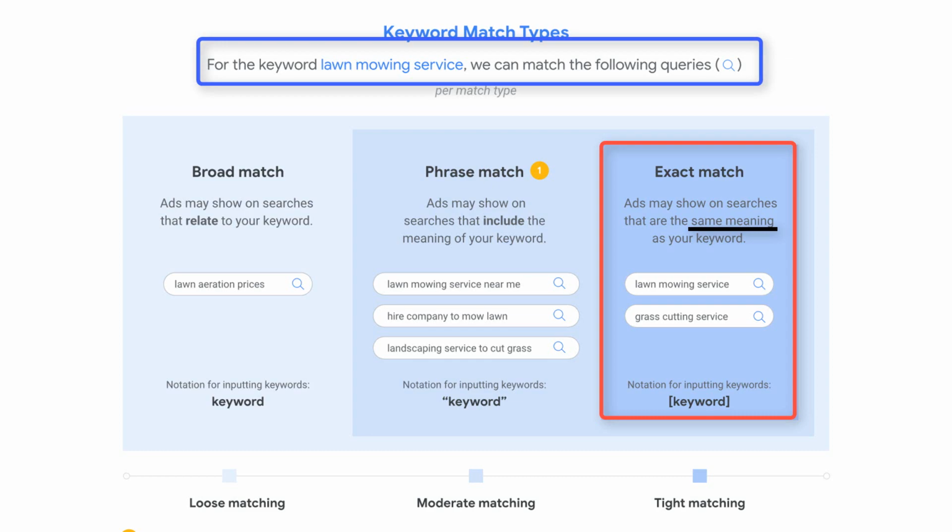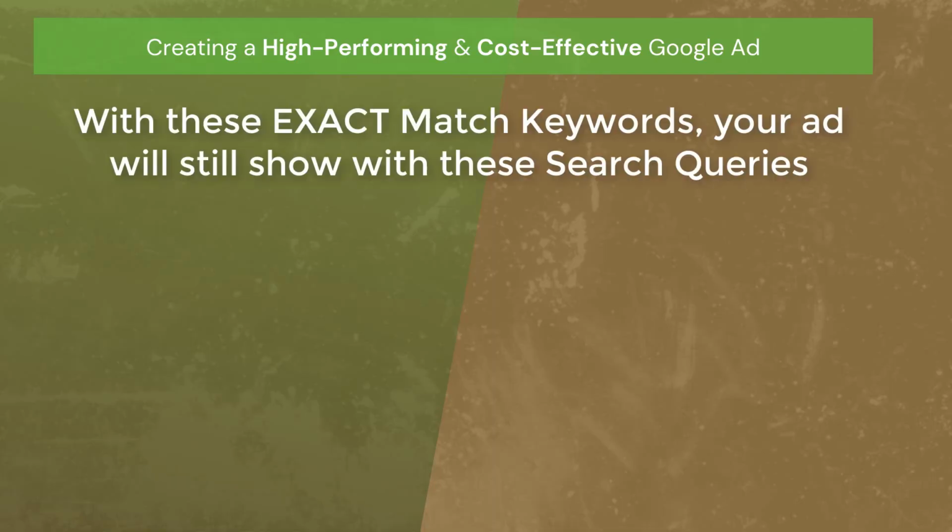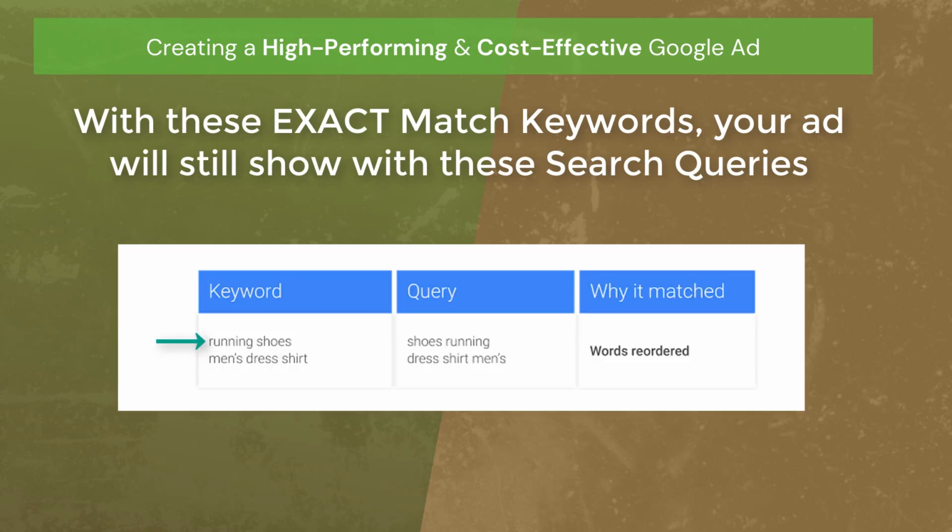Here are some other situations with exact match when your ad would run. If we had running shoes as our exact match keyword, and somebody did a search query for shoes running, you can see that the words are reordered, and your ad would be triggered. Even though it's not exact, Google allows the words to be reordered as long as it is the same words.